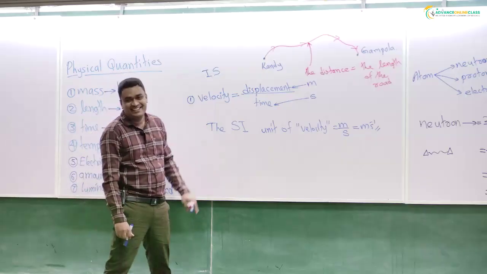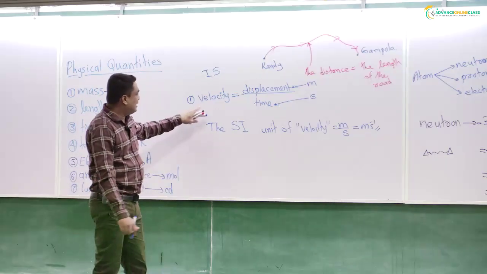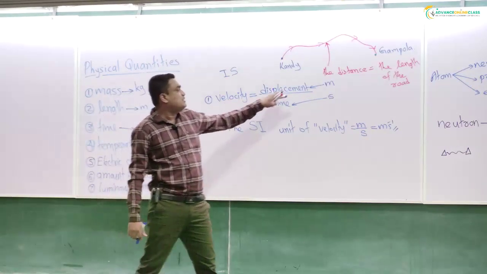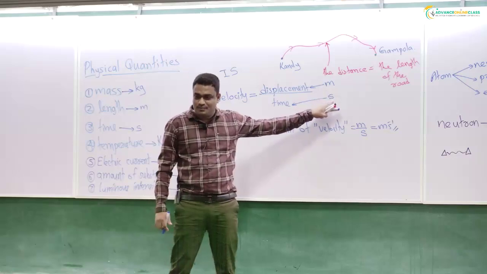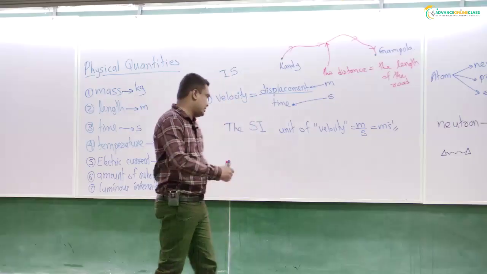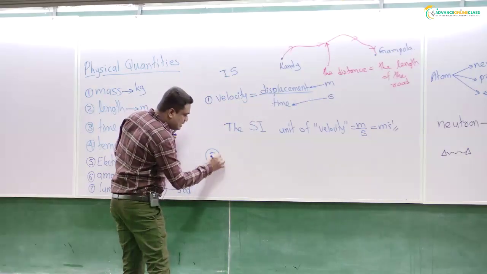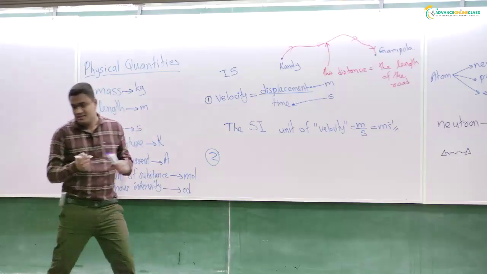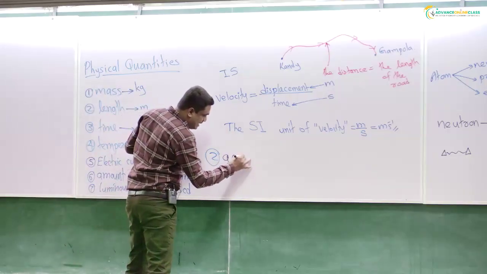So, velocity equals displacement over time. Displacement is measured in meters, time in seconds. Meter over second is the unit of velocity, right? Then what is the second example? Second example, acceleration. What is acceleration?